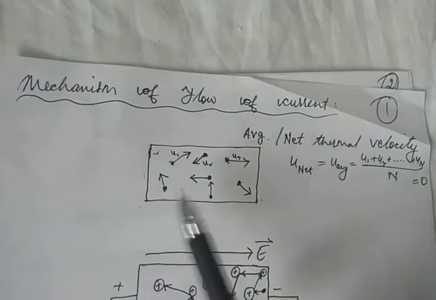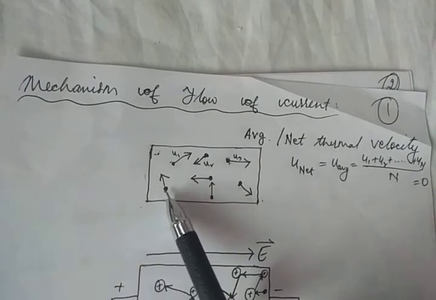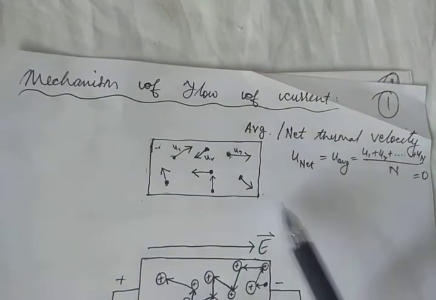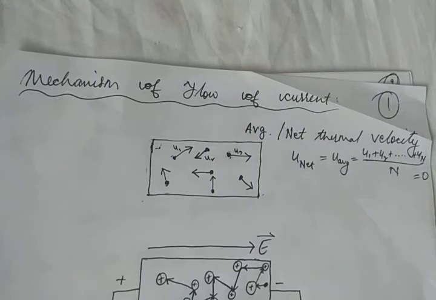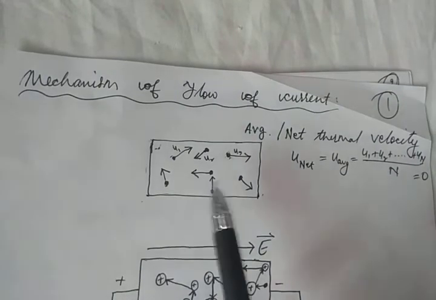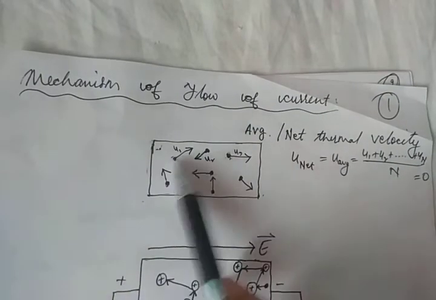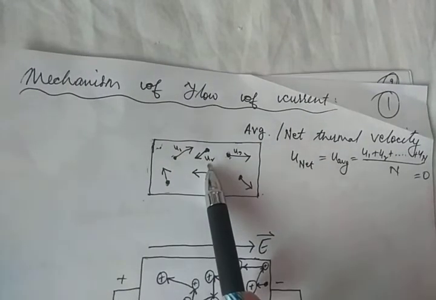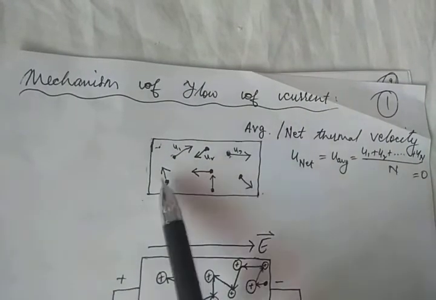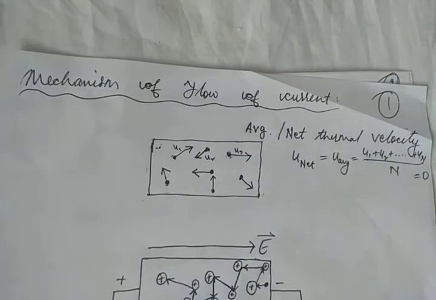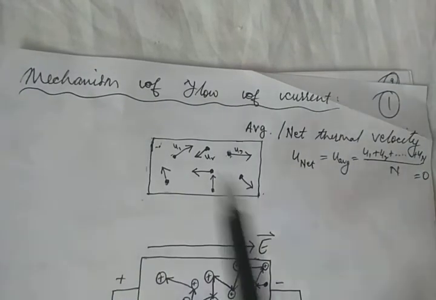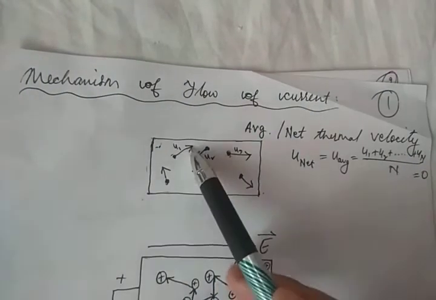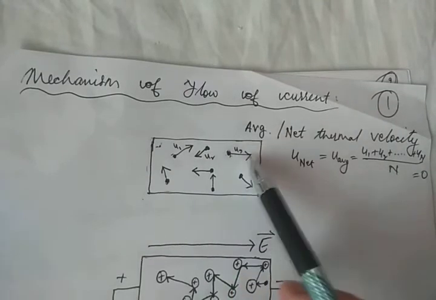Now how is this possible? This is possible because of the thermal energy that the conductor possesses. So these are also called thermal velocities: u1, u2, u3, u4, u5, and there are a number of free electrons. All of these electrons possess certain thermal velocities.